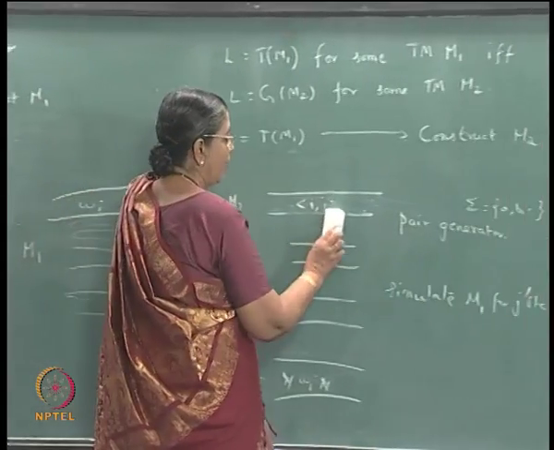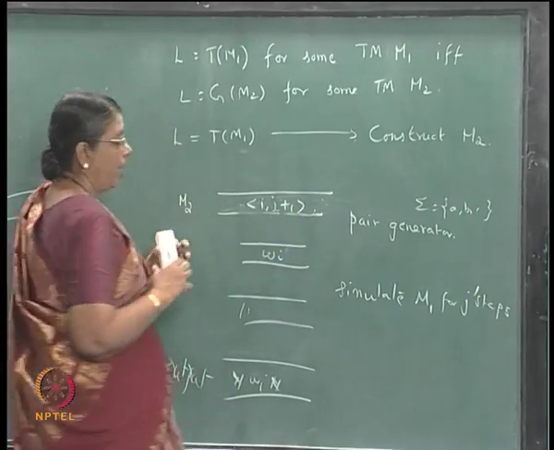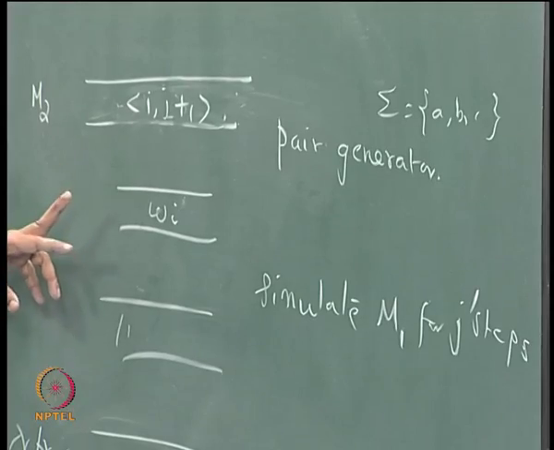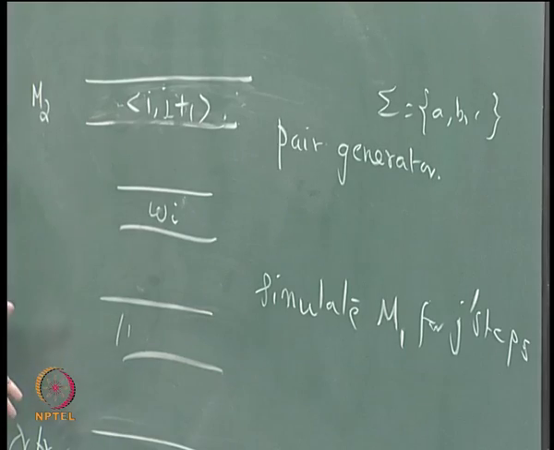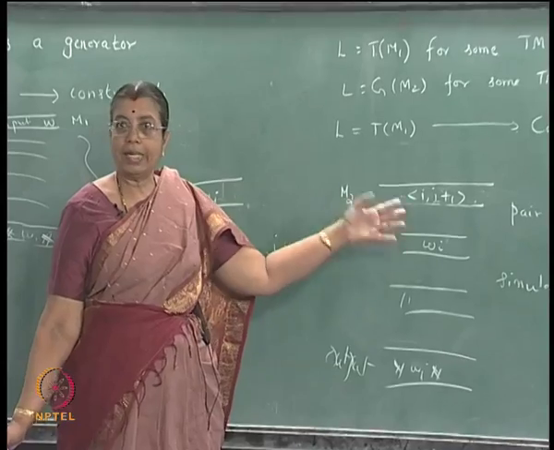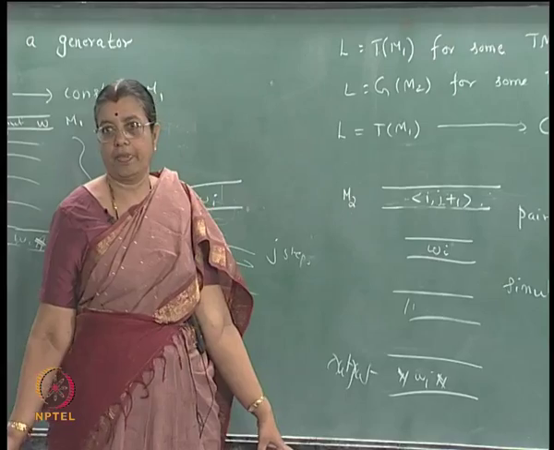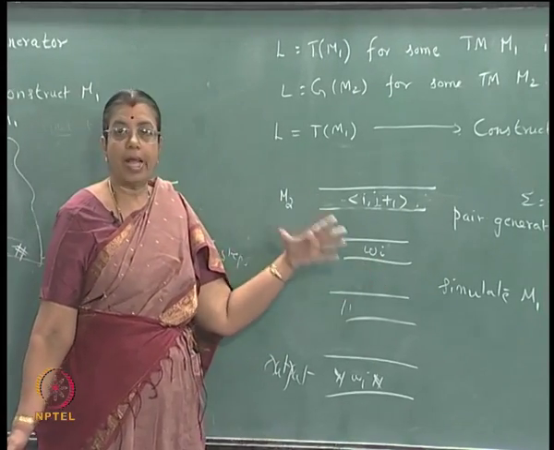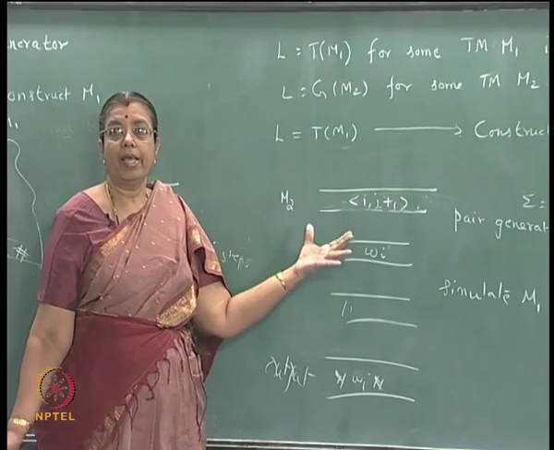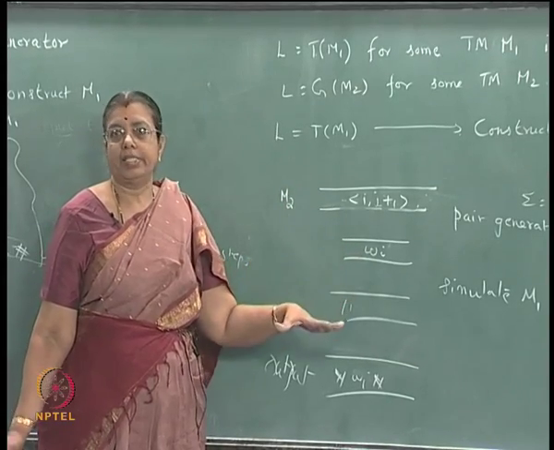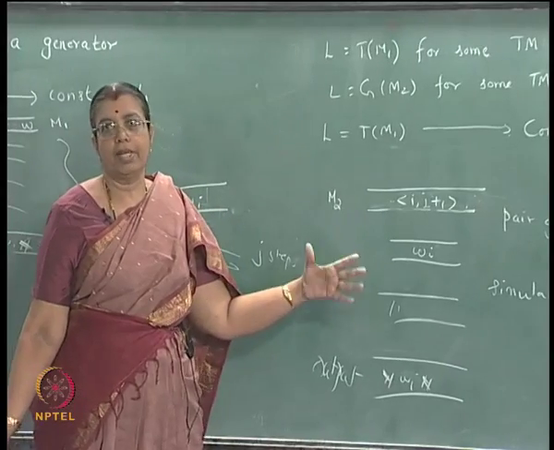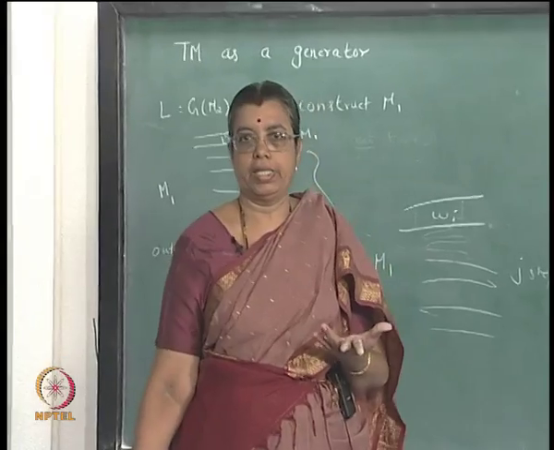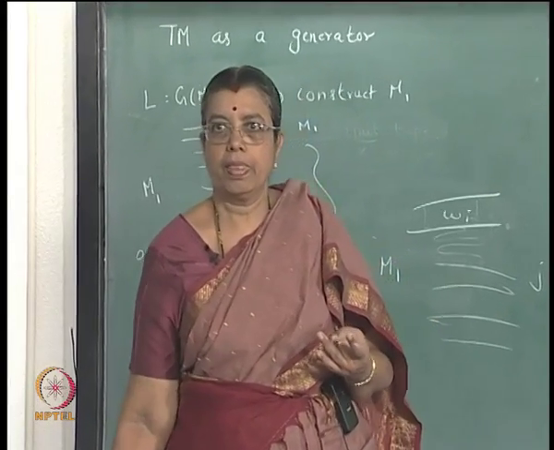Suppose ij plus 1 appears, then Wi will be generated, it will simulate for j plus 1 steps, but on the jth step itself it will accept it. At that time again it will not generate Wi, it will generate only when Wi is accepted on the jth step. So, one string will be generated only once in this construction, because in the general definition we are not putting that restriction.